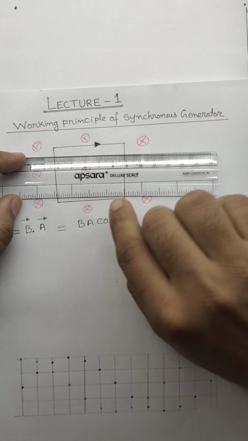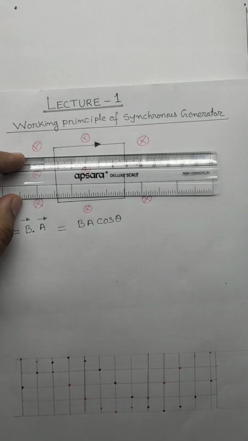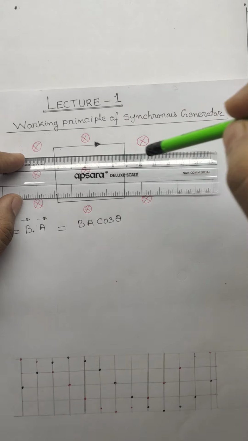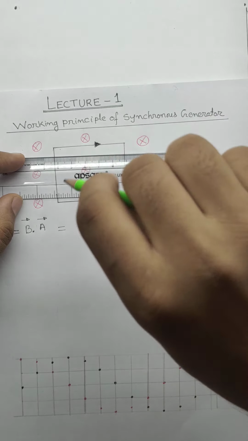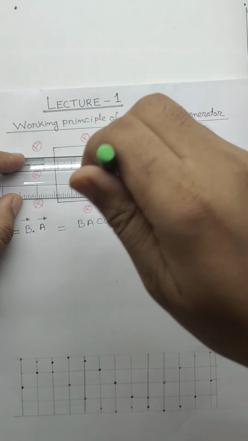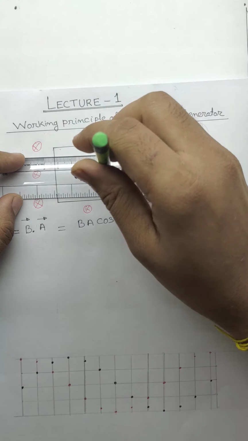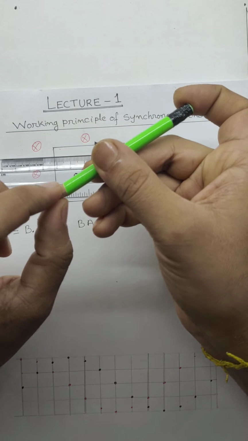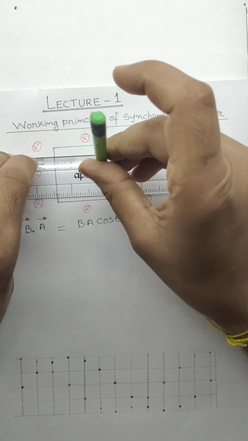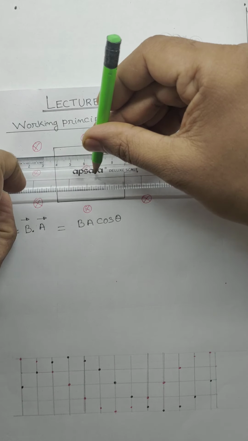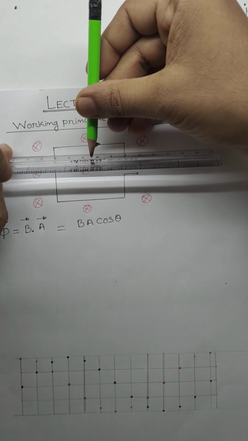Let's say we consider the direction of the area vector to be downward, that is, inside the plane of the paper, then this edge points in the direction of the area vector. So you see that as it rotates, the area vector also changes direction.